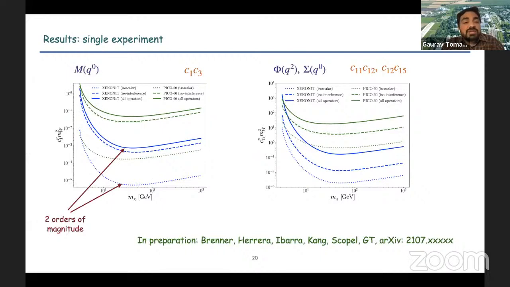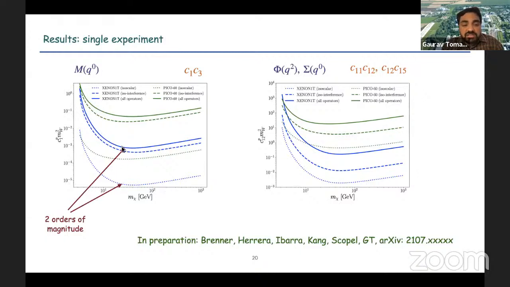Okay, here are some of the results, just to give you an idea. You see, this is C1, that means the standard spin independent interaction. And usually we take the isoscalar interaction, that means this dotted line for xenon. But now if you consider interference between different operators, what we achieve is the solid line.